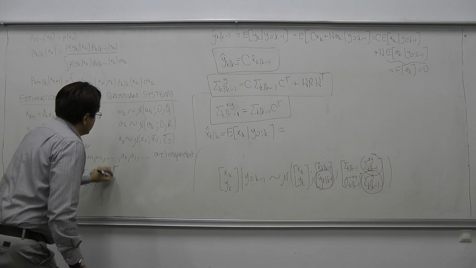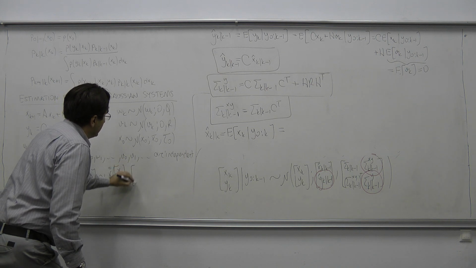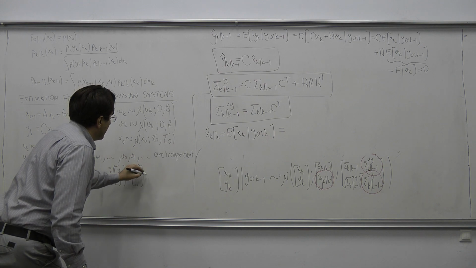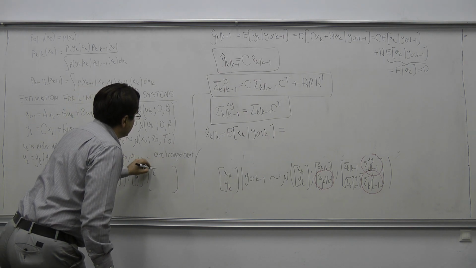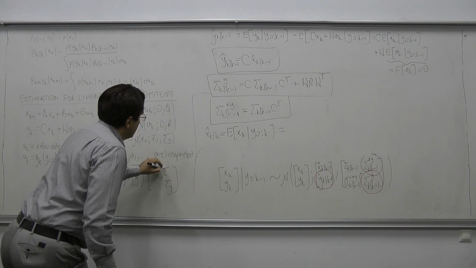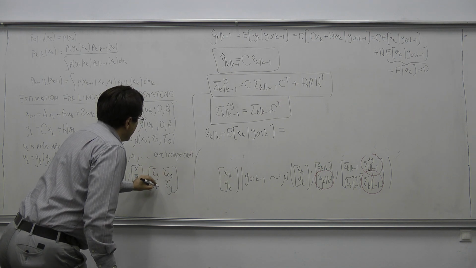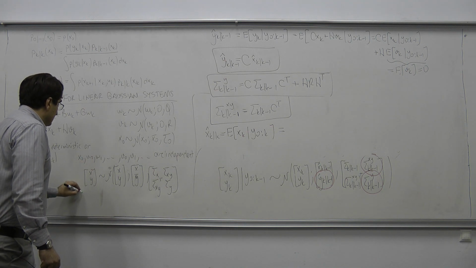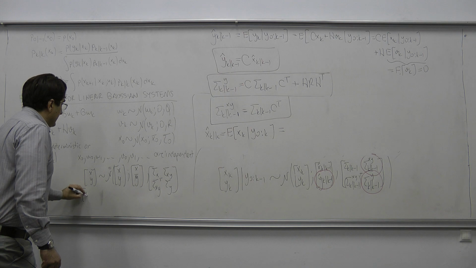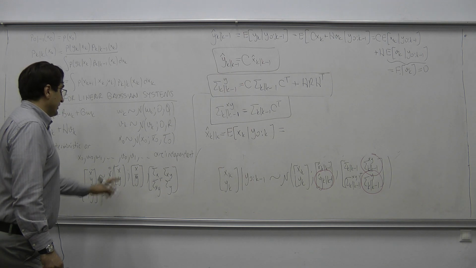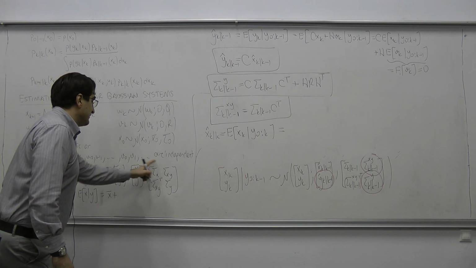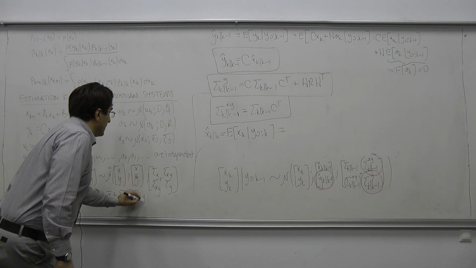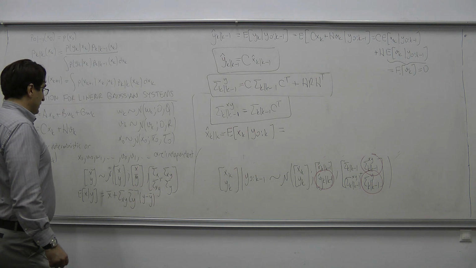When I have a Gaussian distribution of x and y, with mean x bar, y bar, and covariance sigma x, sigma xy, sigma xy transpose, sigma y, in that case I know that the expected value of x given y is x bar plus sigma xy, sigma y inverse times y minus y bar, okay?